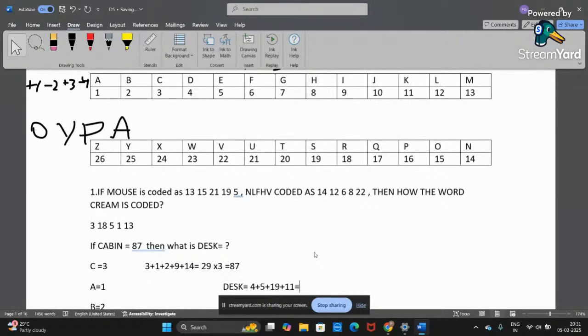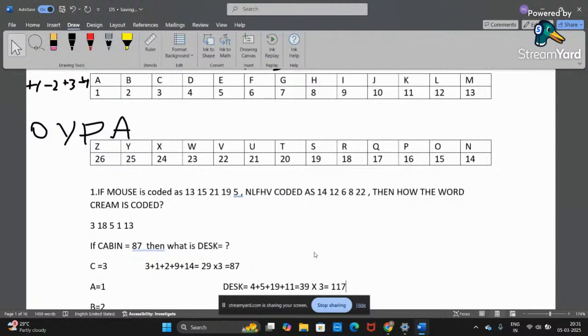Add all this and multiply with 3, because that is the logic applied for cabin. So 11 plus 19 is 30. 30 plus 5 is 35, plus 4 it is 39. 39 we have to multiply with 3. So 39 into 3, how much? It is 117. Right.